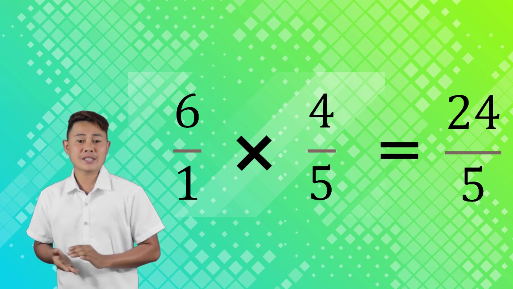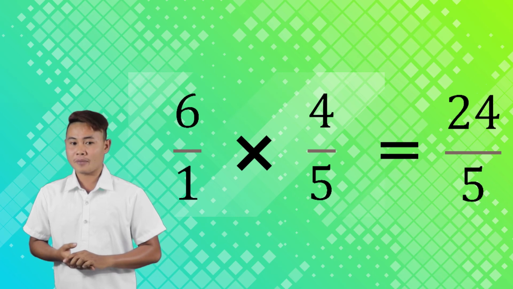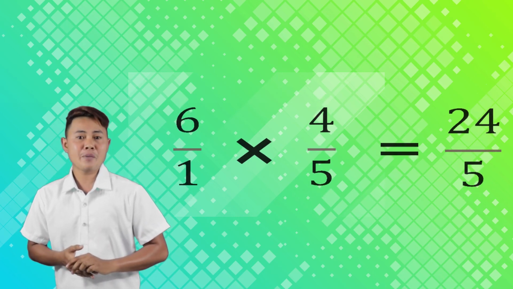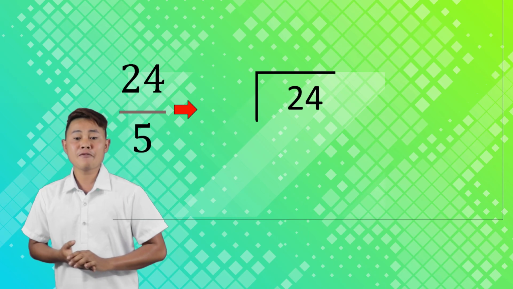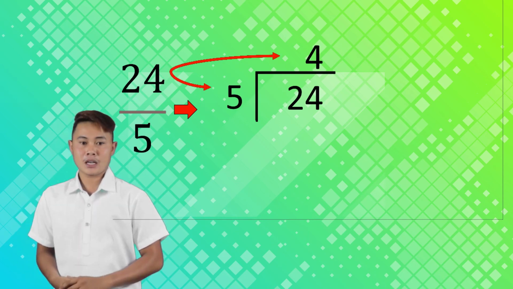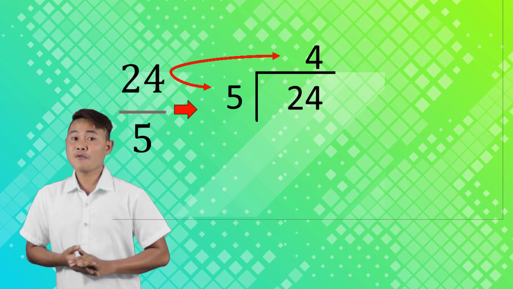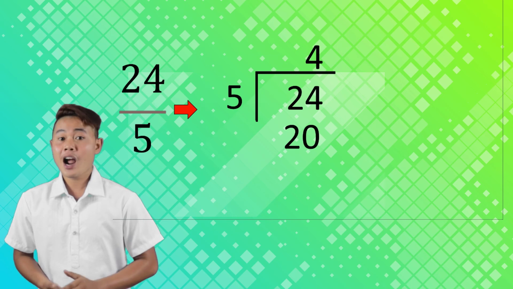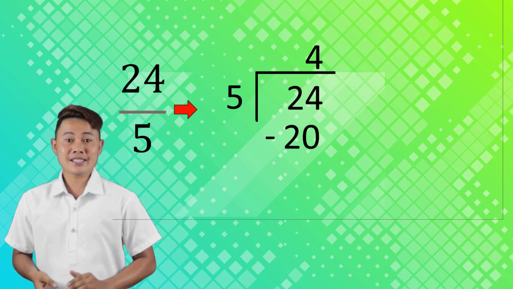We have to reduce this to its simplest form. To do so, we will divide the numerator by its denominator. So, 24 divided by 5 is 4. 4 times 5 equals 20. 24 minus 20 equals 4.